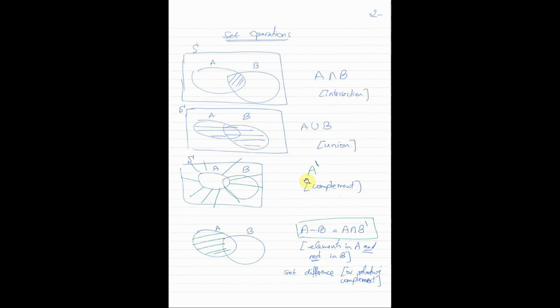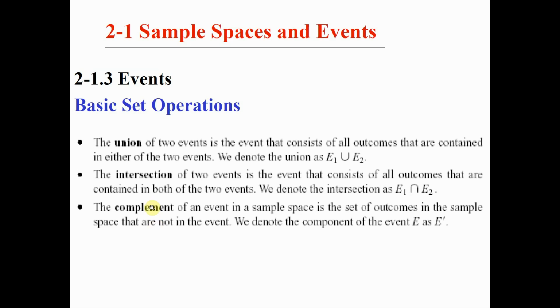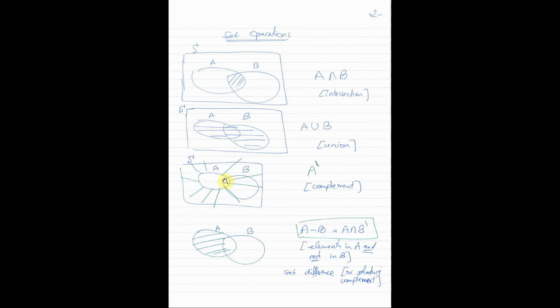Now the third set operation is the complement. Let me stick to the same setup. We have a sample space representing all possible outcomes of a random experiment, and we have event A and event B. However, we don't care about B here. We just want to get A complement. This is a prime here or a dash. We can read it A complement. What is A complement?